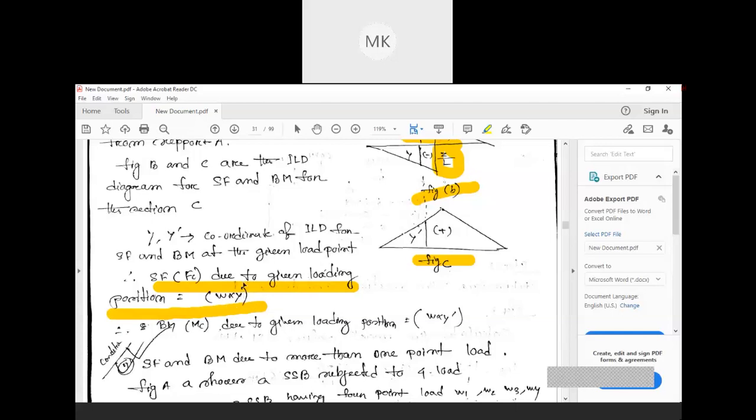And similarly, the bending moment due to the given loading position is given by W into y dash. FC and MC are the representation of shear force and bending moment at that point C. Nothing else. So if we know the load and if we find the ordinates y and y dash, we can easily find the SF and bending moment for this kind of structure. This is the simplest one, when we have only one point load.